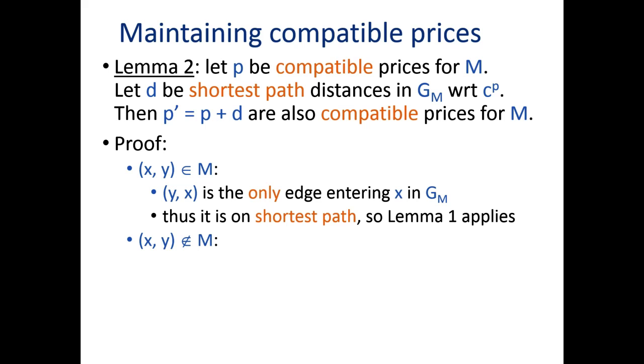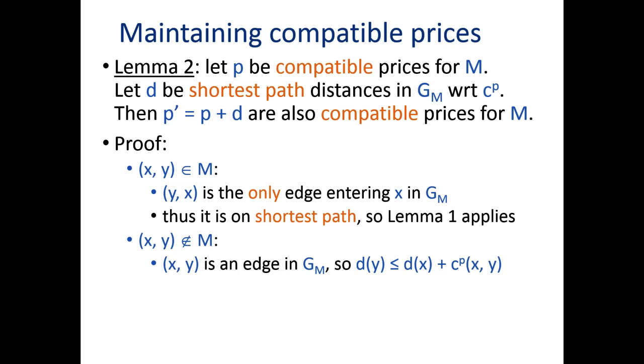What about edges not in the matching? We have to argue that they have non-negative cost. It's again a very similar argument. Let's look at XY. It's not in the matching, so it's currently an edge in the residual graph. Therefore, by the triangle inequality, the distance to Y is at most the distance to X plus this cost.